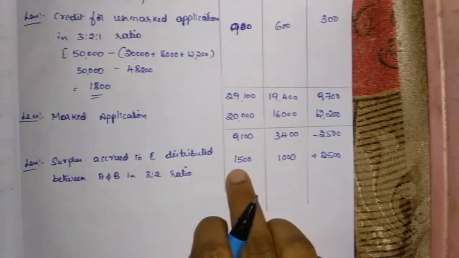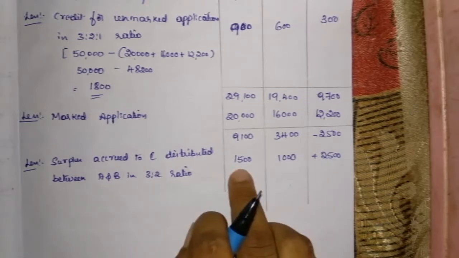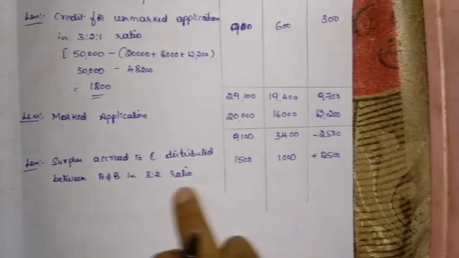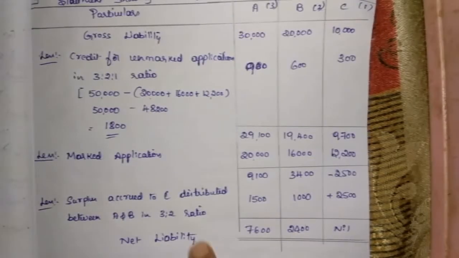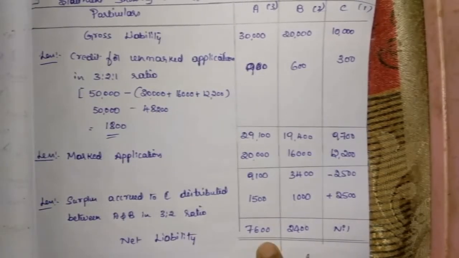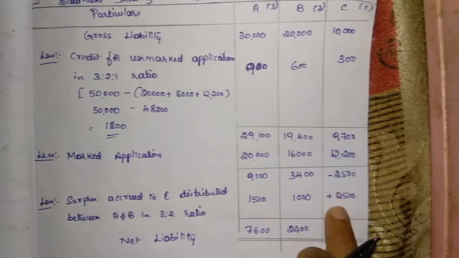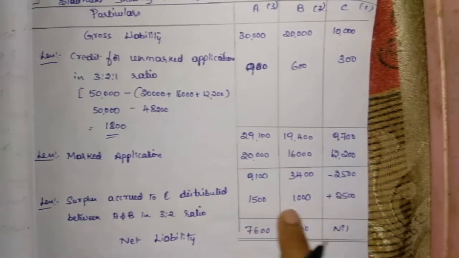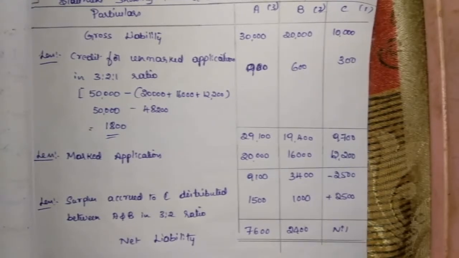That is 2,500 into 3 by 5, 1,500. 2,500 into 2 by 5, it is 1,000. Therefore, net liability is 7,600 shares for A and 2,400 shares for B, and C's net liability is nil because he gets a surplus, and that surplus we shared among the 2 underwriters, and we made the liability of C nil.